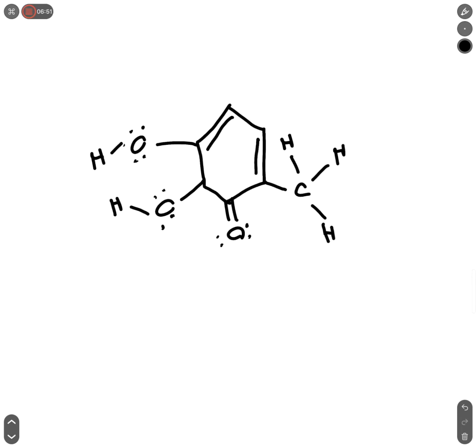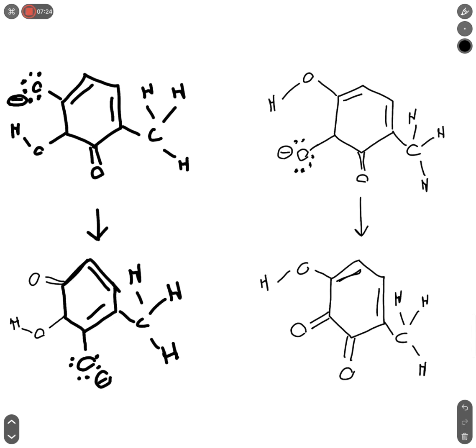In this example, we can determine this by drawing the resonance structures from the deprotonation of each hydrogen, such as from here and here. So, once we lose these, we will be getting this.